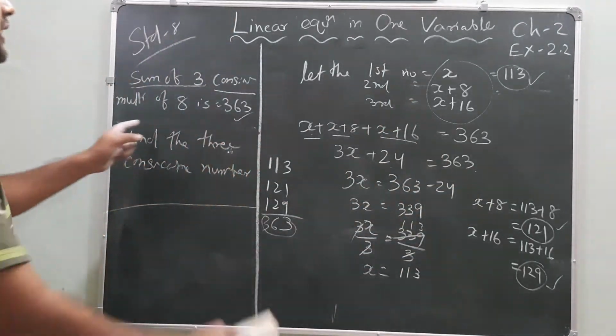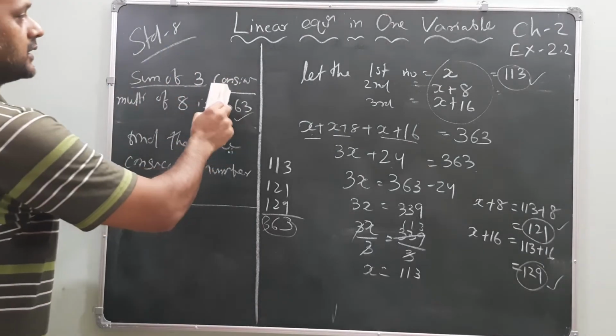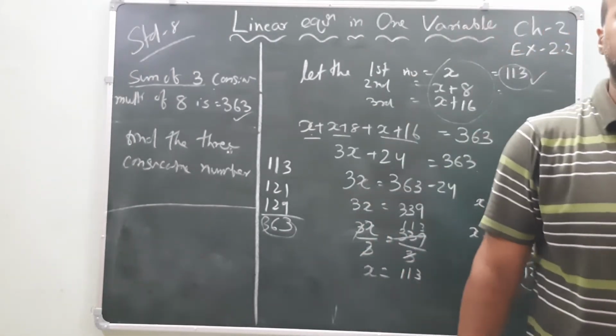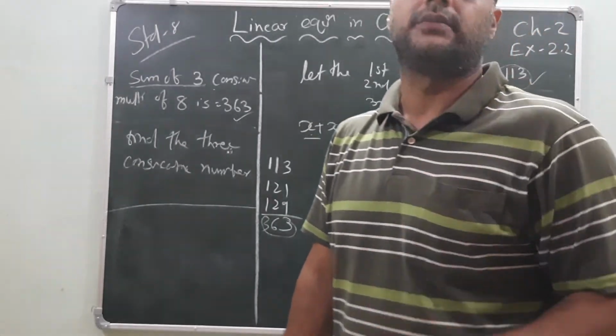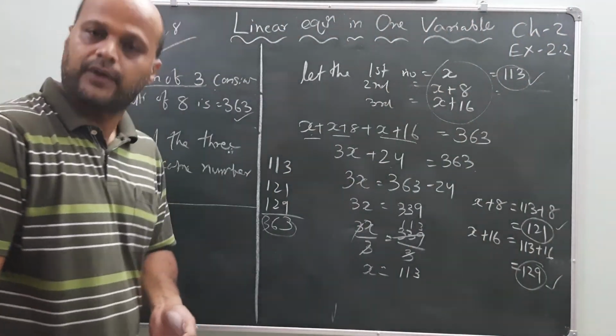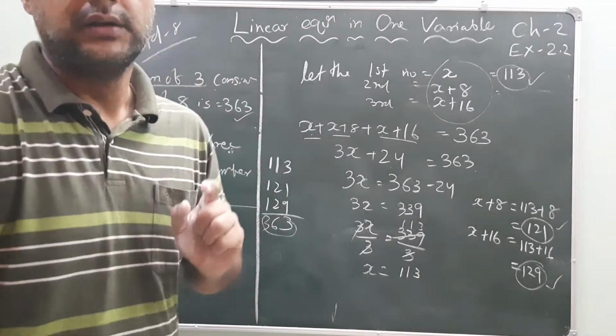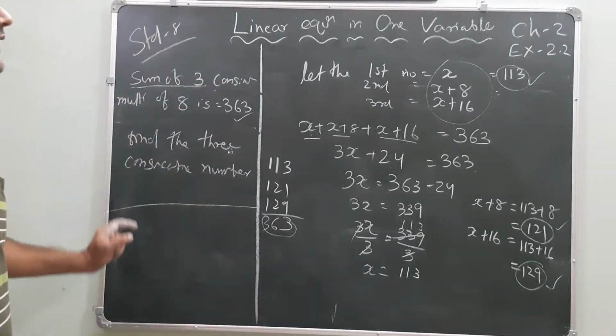Understood? So which one is important in this case? Consecutive numbers. Consecutive numbers are nothing but the multiplication of the serial numbers 1, 2, 3, 4, 5 with the given number. Understood, my dear friends? So this is the second one.